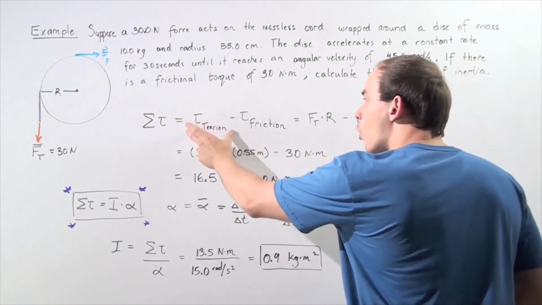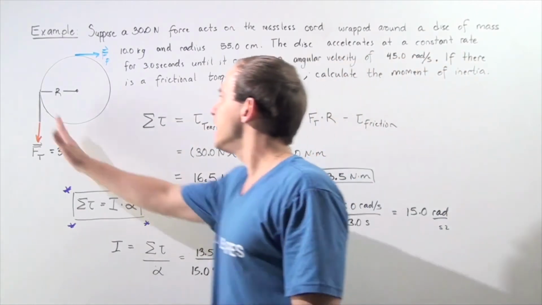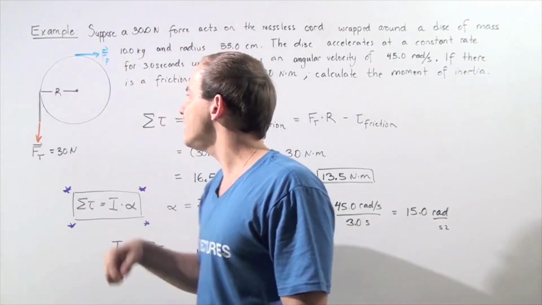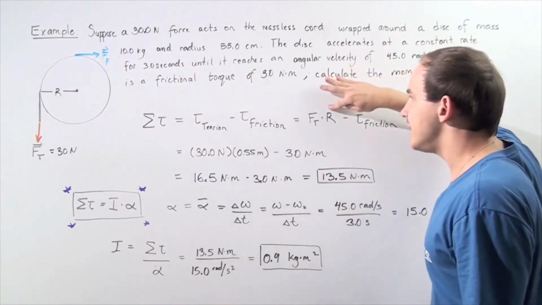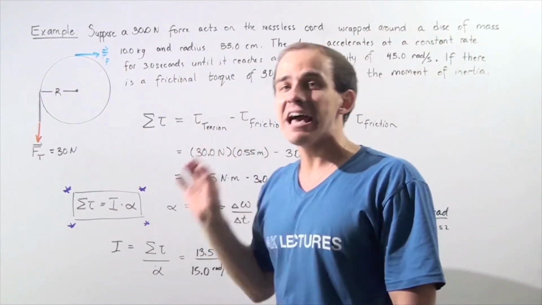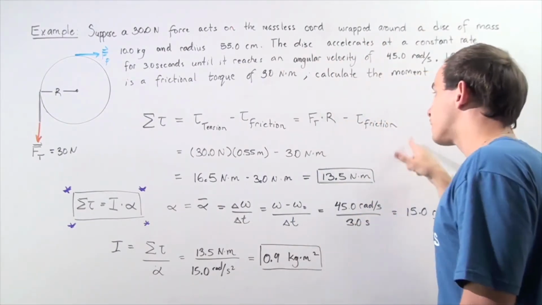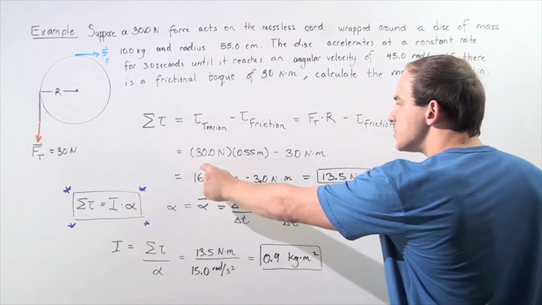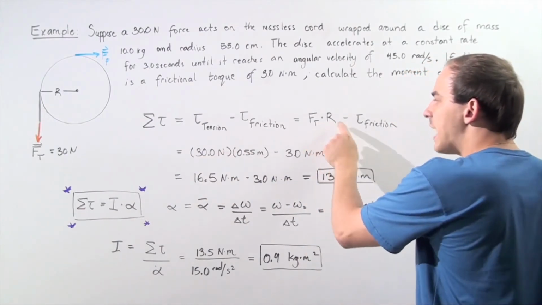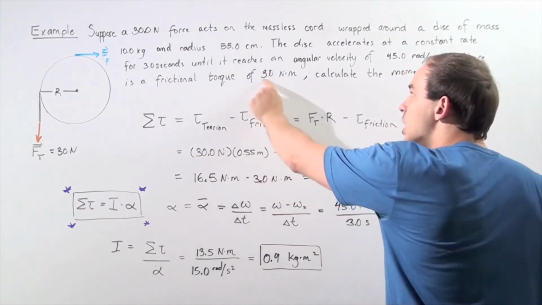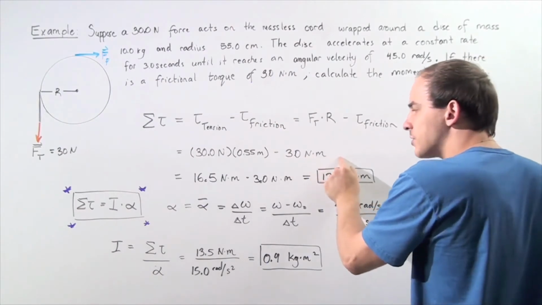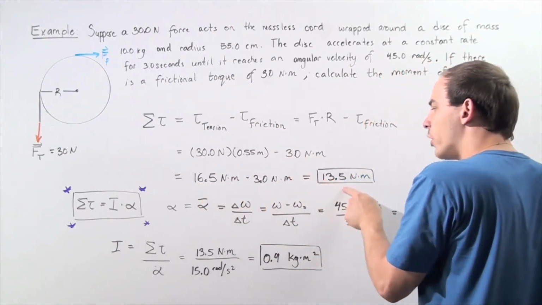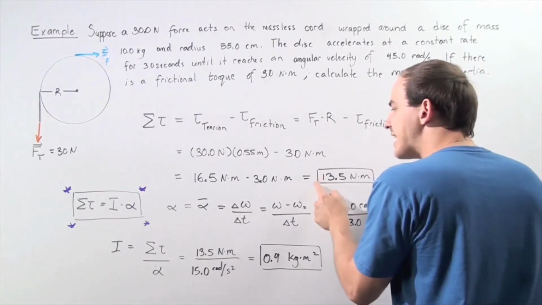So notice the torque due to tension is simply this force which acts at an angle perpendicular to the radius multiplied by the radius, which is also our lever arm. And this torque friction is given. So that means we have 30 newtons multiplied by 0.55 meters minus 3 newtons times meter, so 16.5 minus 3, which is 13.5. So this is our net torque.